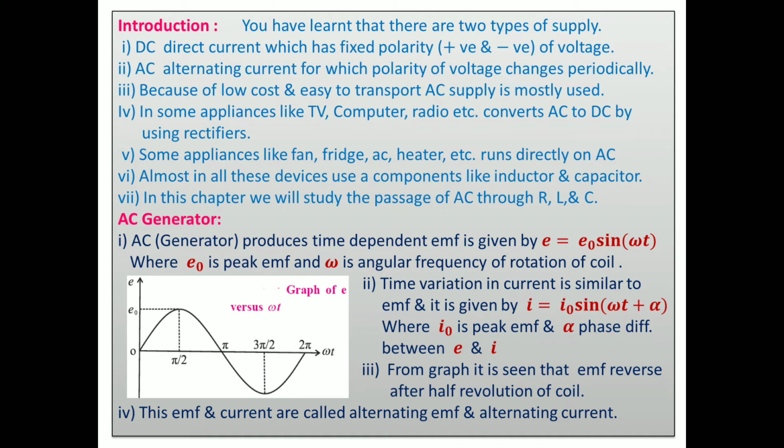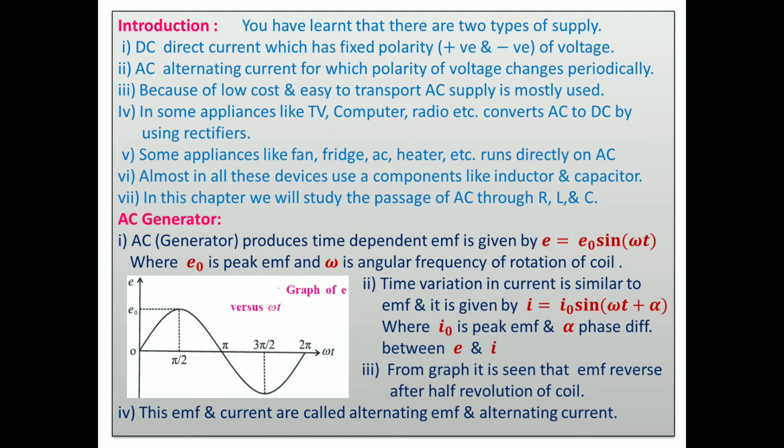In last standard, you all learned that there are two types of supplies, AC and DC. A DC is a direct current which has a fixed polarity, positive and negative of voltage.